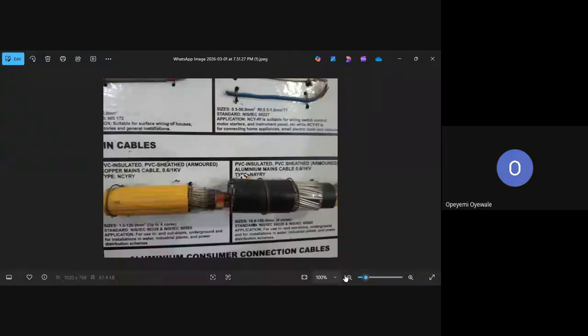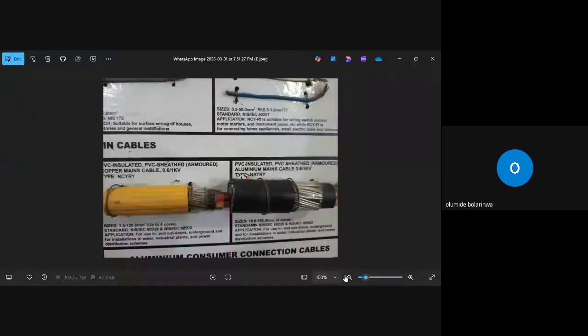Yes. Now this is what they call PVC SWA PVC. The reason they call it PVC SWA PVC is that you can see there's an aluminum wire there. After the aluminum cable, you now see another shielded black layer, before you see the armored cable in this case.